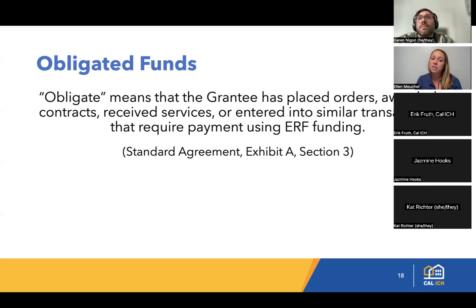What my team has created for our grantees is kind of a handout, a cheat sheet for what some example funds would look like for obligated based on these 4 categories of placed orders, awarded contracts, received services, or entered into similar transactions.